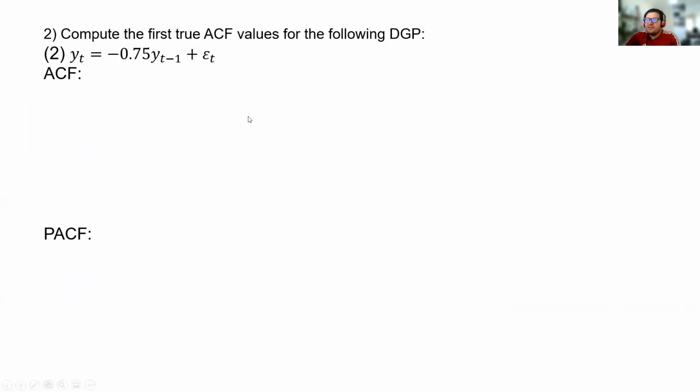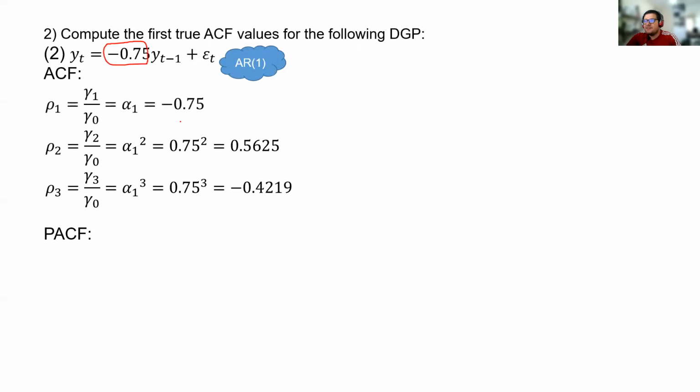For the second data generating process, it's still an autoregressive one, but the coefficient is now negative. Alpha 1 is now negative. When that's the case, the numbers are the same, but the signs are flipped.